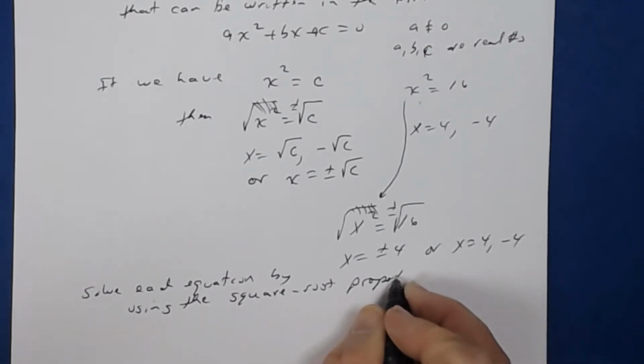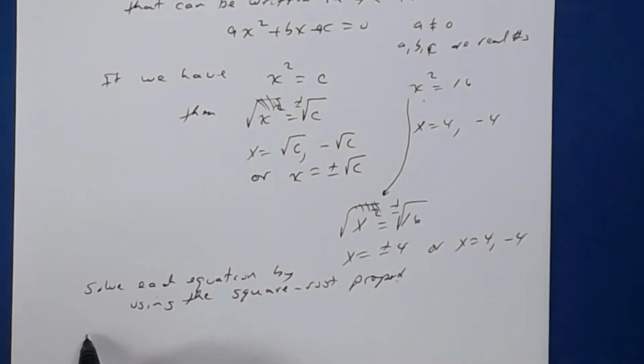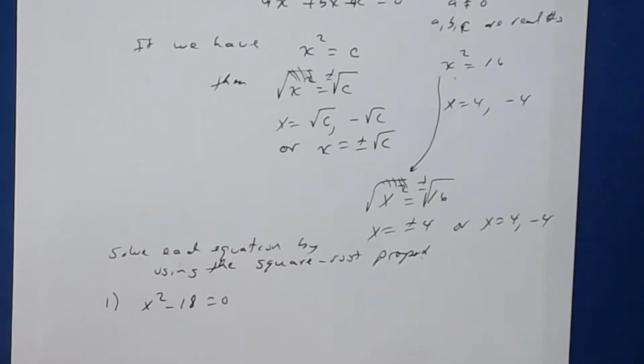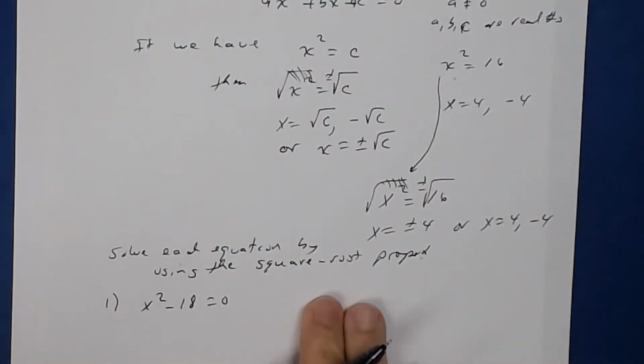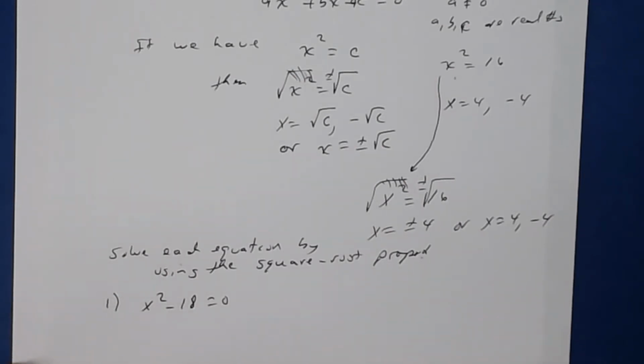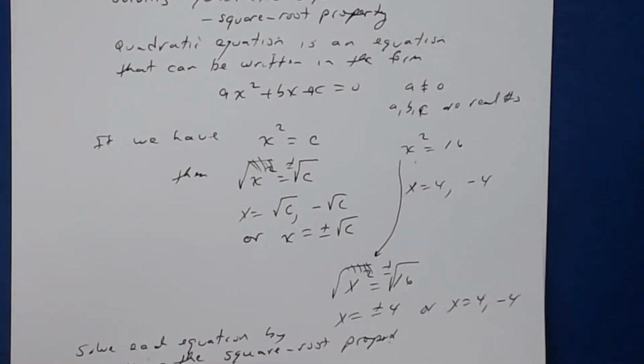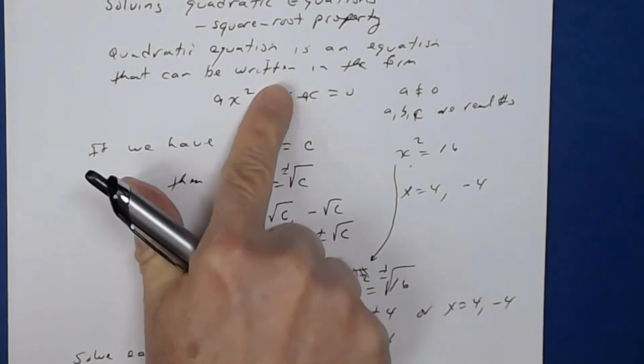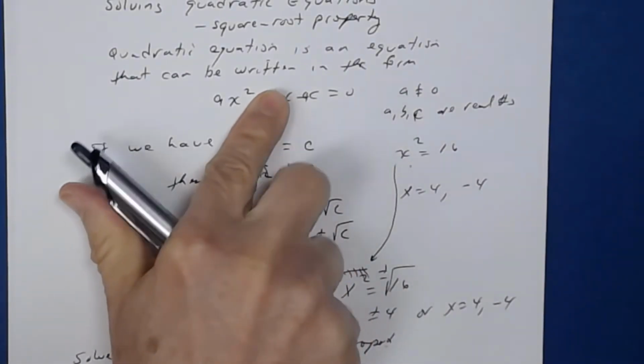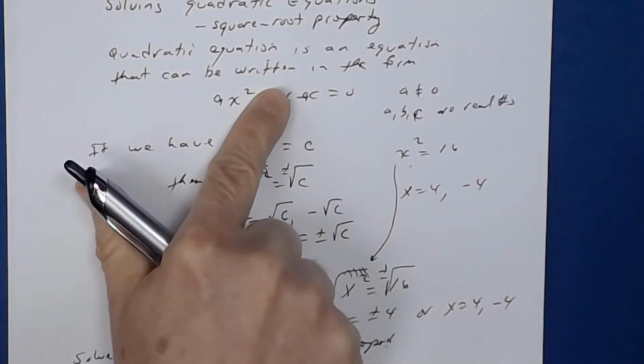So number 1, let's say we had x squared minus 18 equals 0. If I'm going to use the square root property, basically the x term won't be there. You'll just have an x squared and a constant involved.